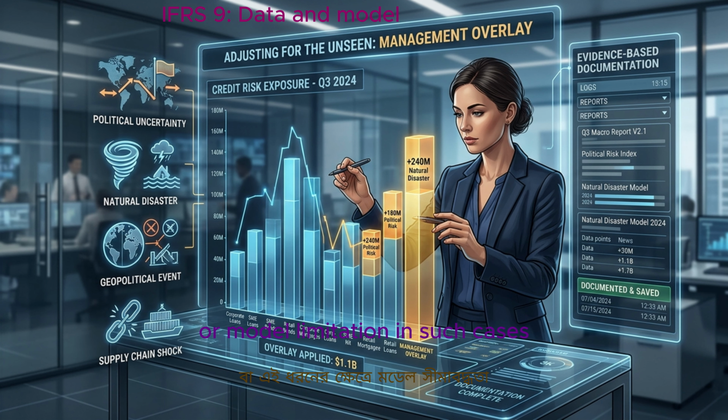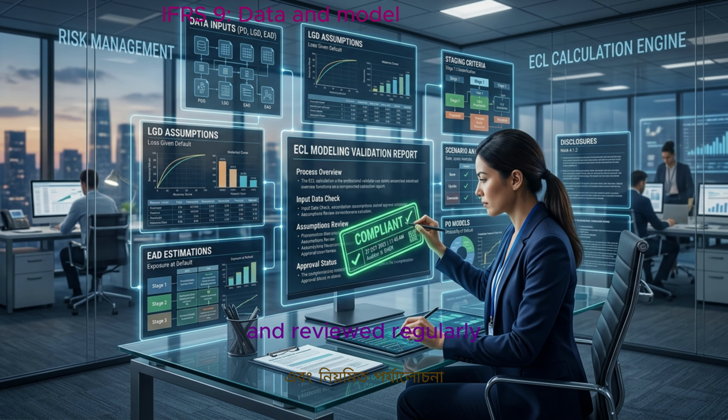In such cases, management may apply an additional adjustment known as management overlay. However, this adjustment must not be arbitrary. It should be evidence-based, properly documented, approved by appropriate authority, and reviewed regularly.